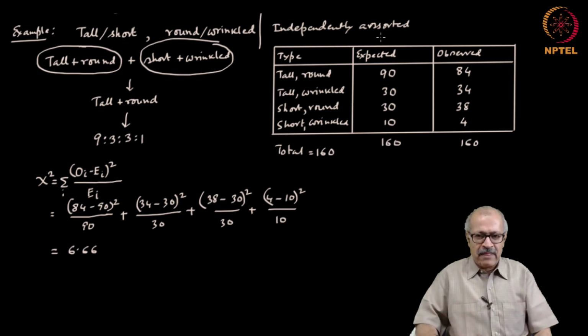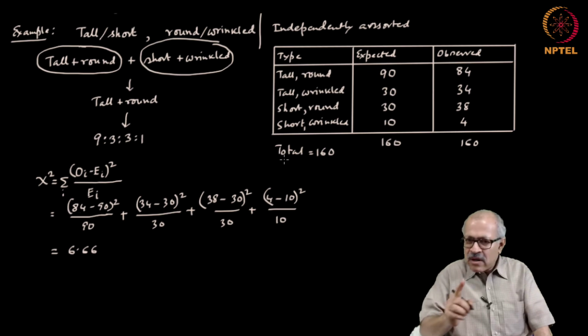So, we will have to read from the table, but now what is the degree of freedom? Notice there are 4 of these categories. Common sense would say that the degree of freedom is 4, so you have to consider 4 of them, but no. If you know the total number that you started with, the total number that you picked up and counted, then if you know 3 of them, you can calculate the 4th, by adding this and subtracting from this.